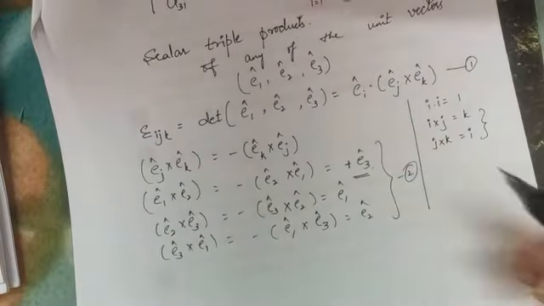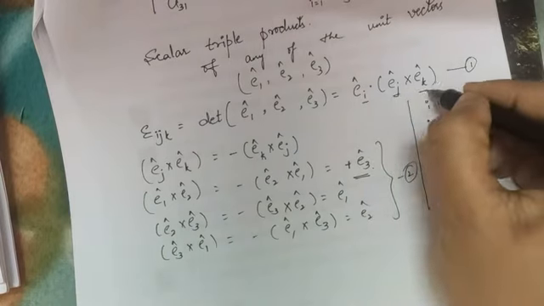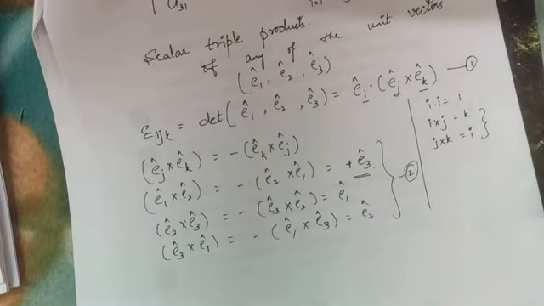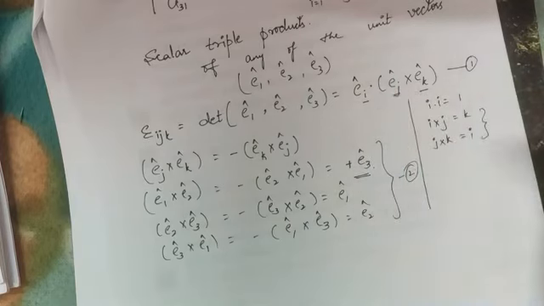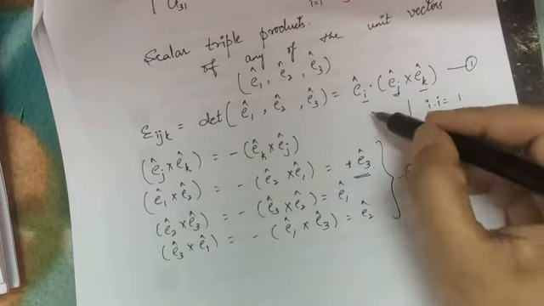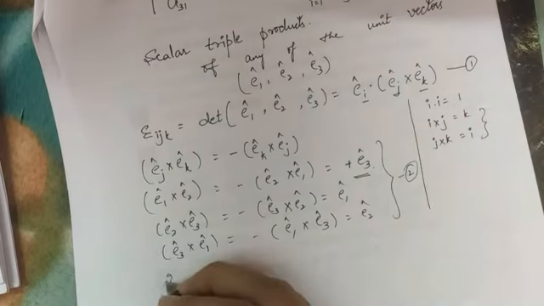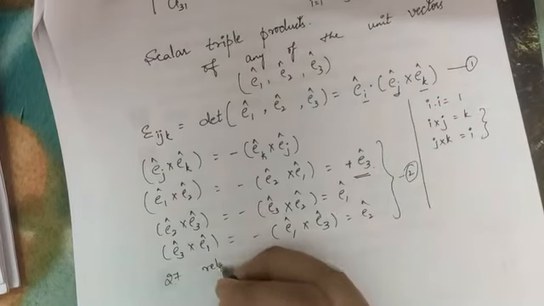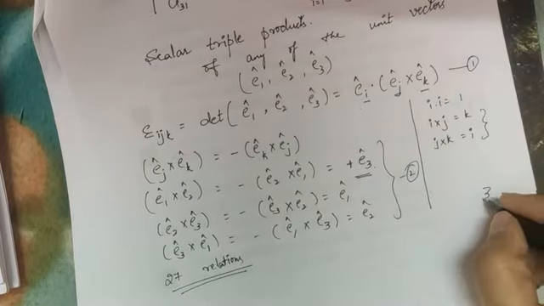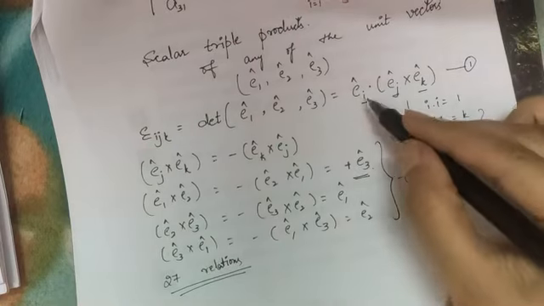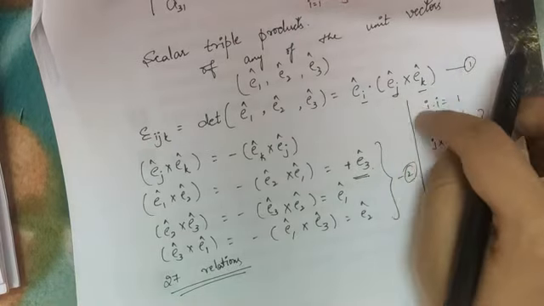Now you can observe here I have i, j, k. So I can give 3 values, right? 3 values for all. If I consider all the combinations, I will get around 27 relations. Isn't it? So 3 suffixes, I will give 3 values.